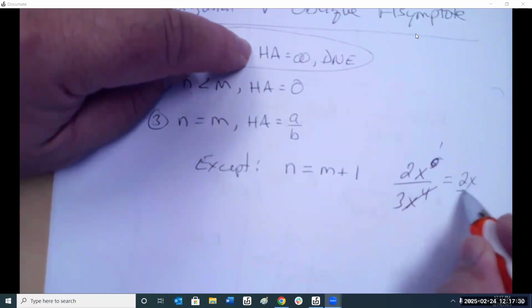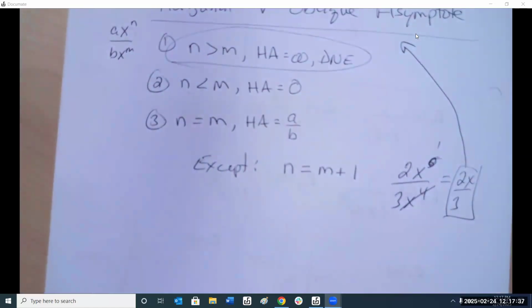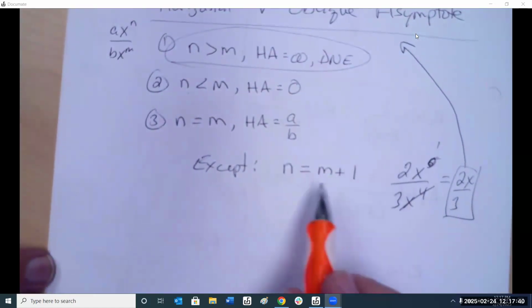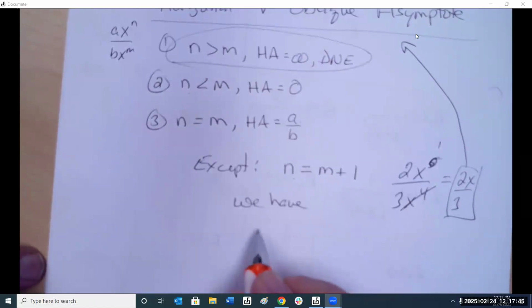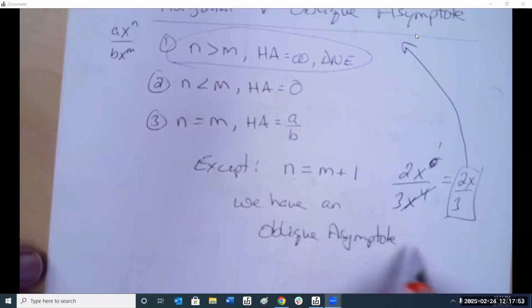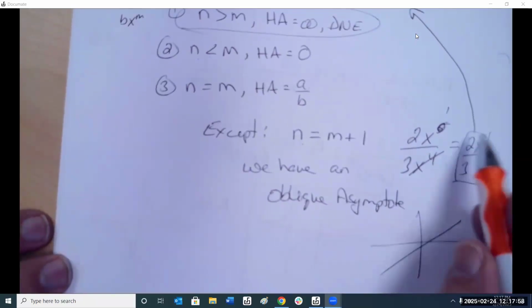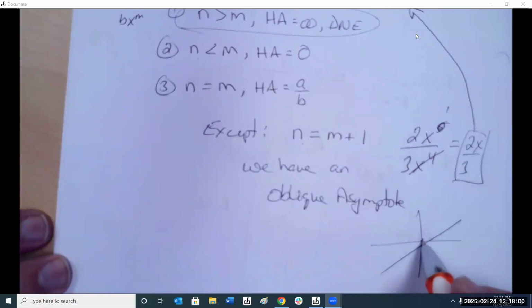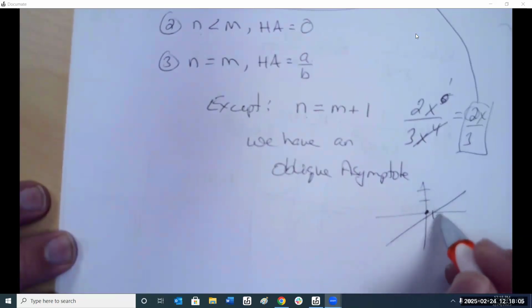So I have 2x over 3. This is a linear equation, which is an oblique. So if the top is bigger than the bottom by 1, we have an oblique asymptote. A line. In this case, since there's no vertical shift, the line crosses the y-intercept at 0, with slope 2 over 3.